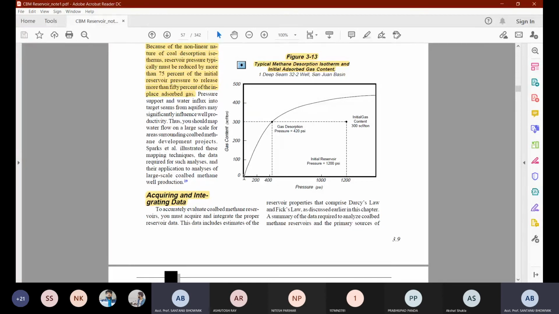But in some coal you will see that some moisture is still remaining. That moisture is called the immobile moisture, which cannot be taken out, which is called the connate water. Due to the connate water, some of the water is always lying with the coal, that you cannot take out. Okay, that is called the connate water.